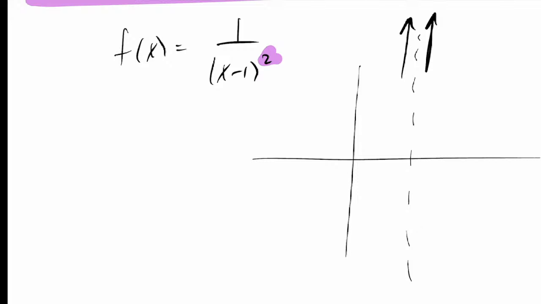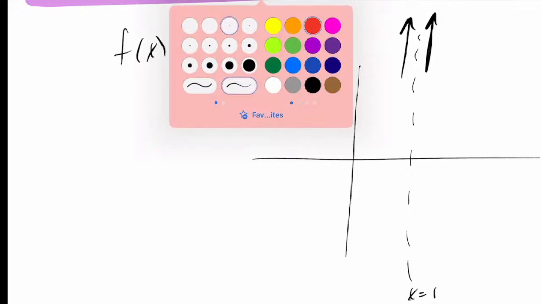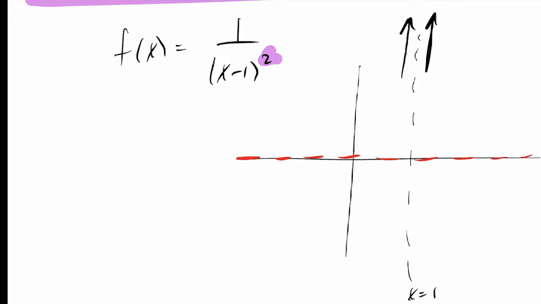But we didn't really talk about that, or I didn't really make a big point of it. But you can just sub in numbers. You could pick numbers to the right and left of x equals 1. Your suspicions were correct. So this will look like this, and then the y-intercept here is 1, so it looks something like this.